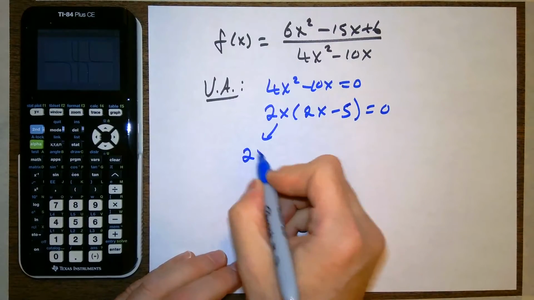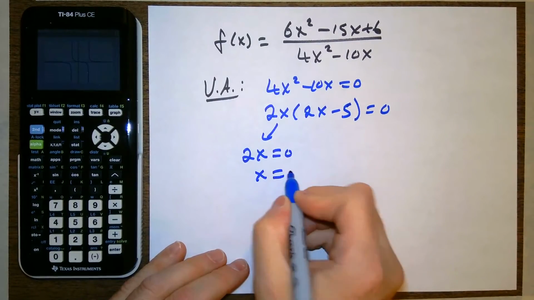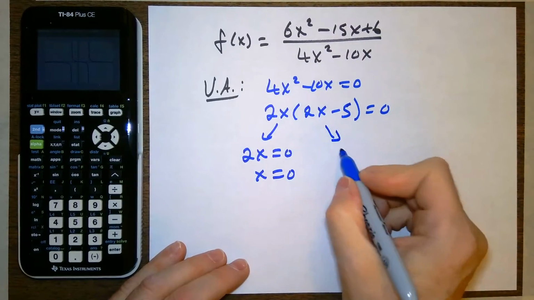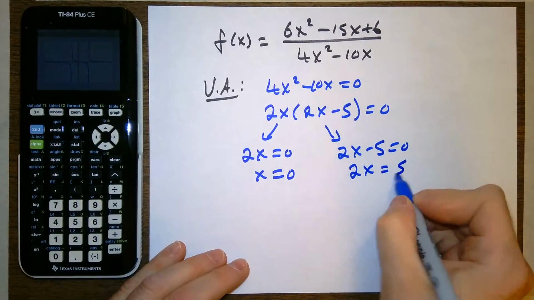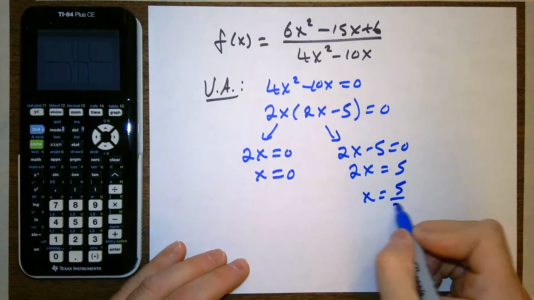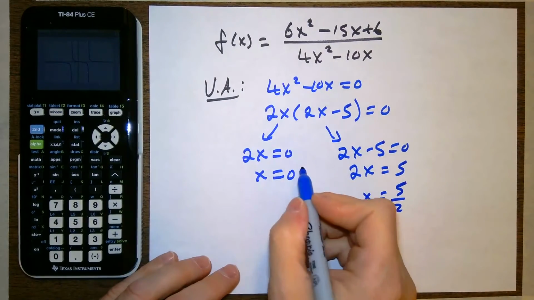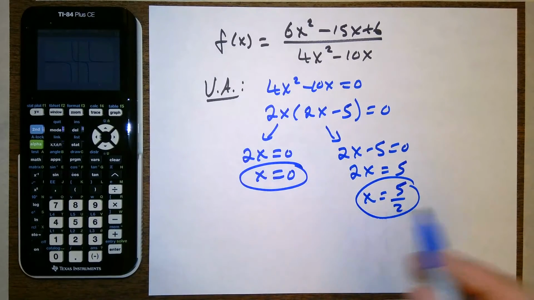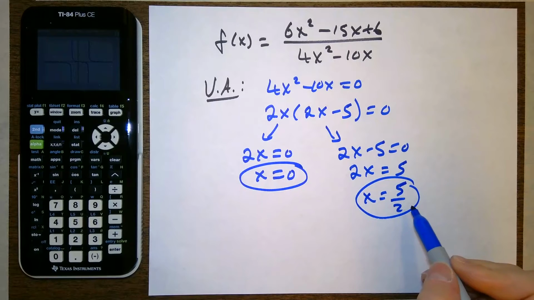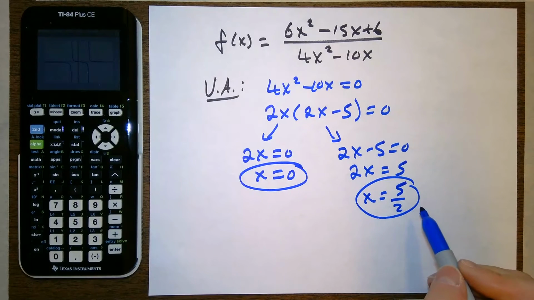Set each factor equal to 0 and solve. 2x minus 5 equals 0, 2x equals 5, x equals 5 halves. Here are my vertical asymptotes. At x equals 0, I've got a vertical asymptote. And again, at x equals 2.5, I've got a vertical asymptote.